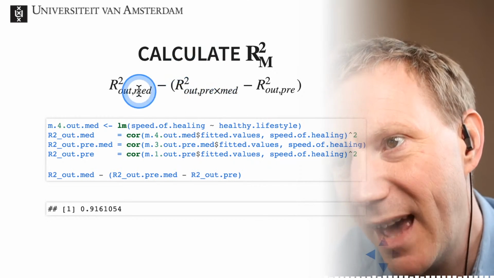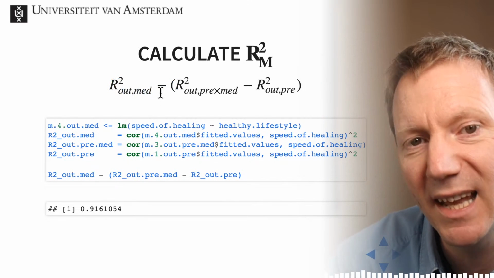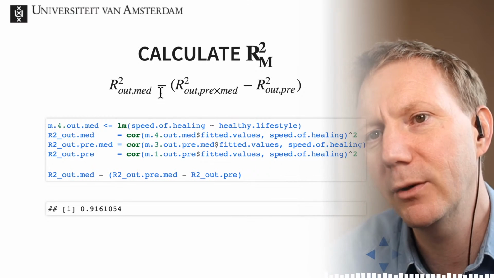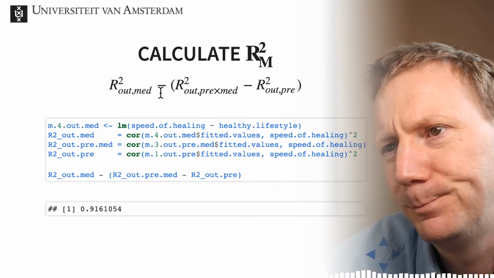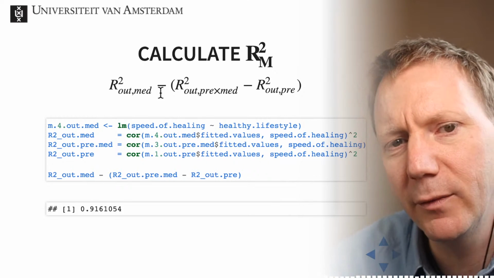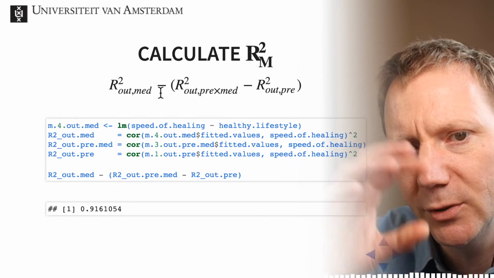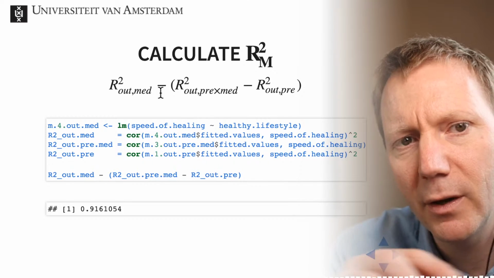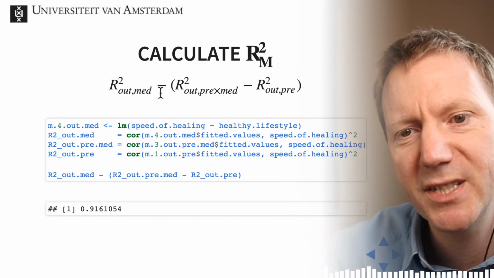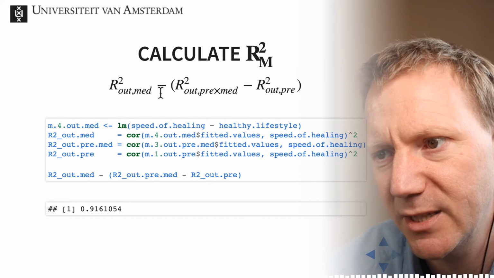If you subtract that, you have an indication of how much explained variance is left if you take the combined explained variance out of the equation. So that is a different way of looking at what the effects of mediation are, because instead of using the beta coefficients, you could also express this in terms of explained variance, and this is one option that is covered by the book.